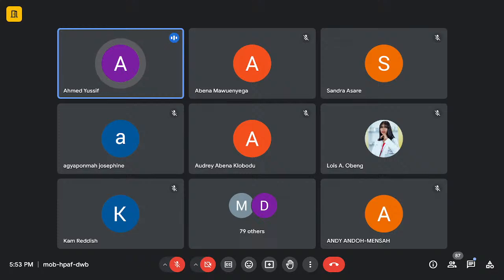Basically, when we say tetanus, the first thing I want you to know about tetanus is that it is an infectious disease. By being an infectious disease, it means that it's caused by an infectious pathogen, in this case a bacteria.